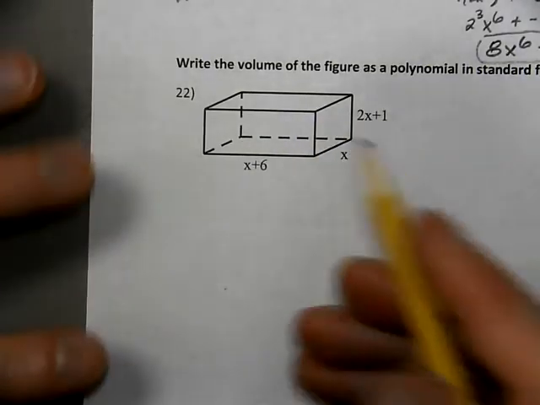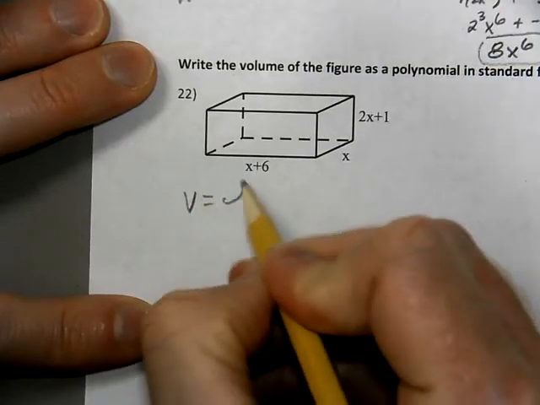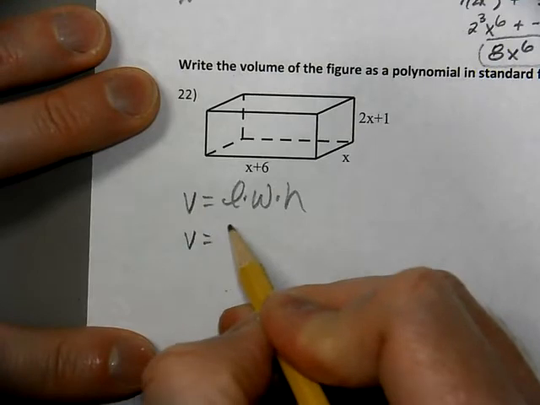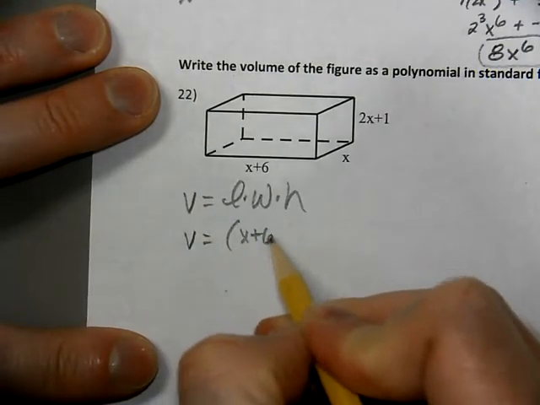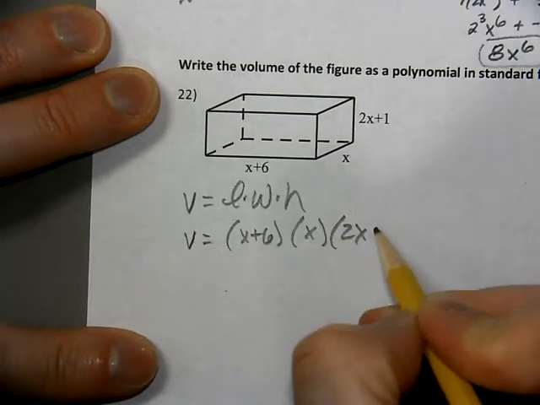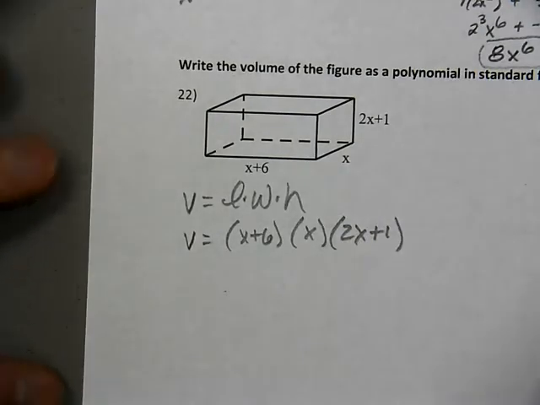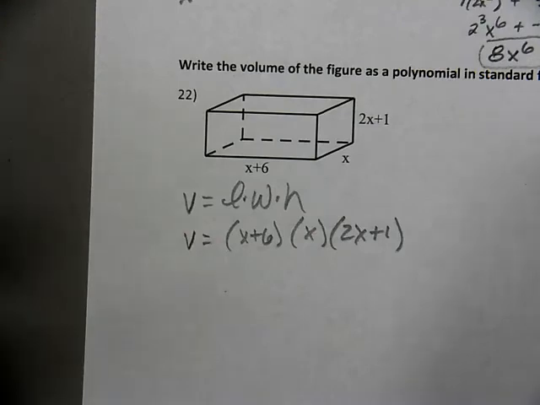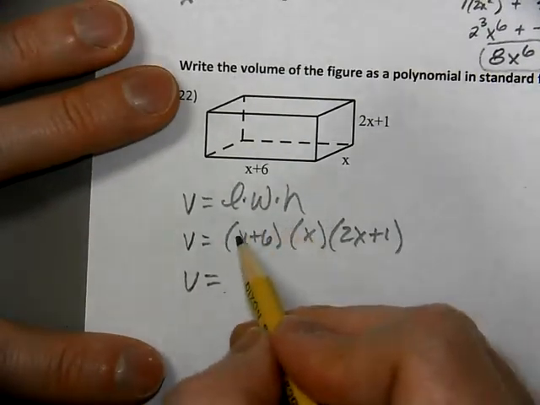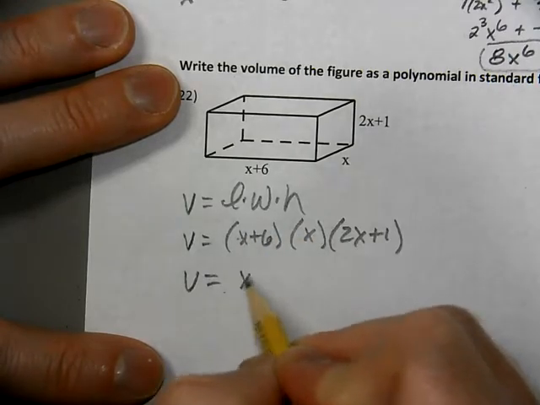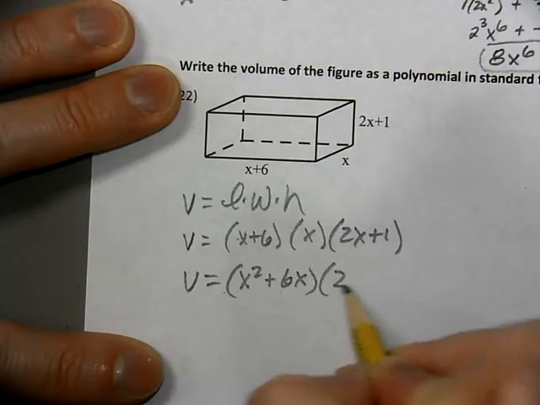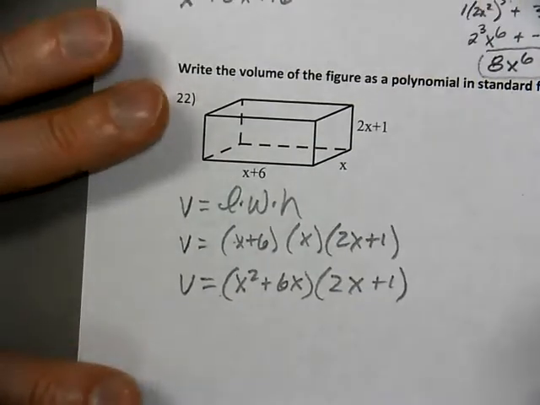Here we're looking at the volume. We know volume equals length times width times height. So the volume is going to be x plus 6 times x times 2x plus 1. So the volume is going to be, multiply this guy in here, x squared plus 6x, and I still have to multiply that to 2x plus 1.